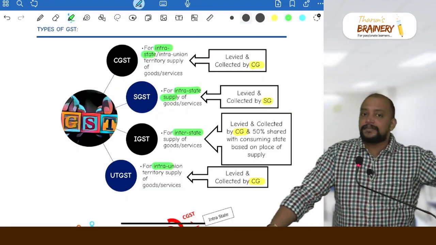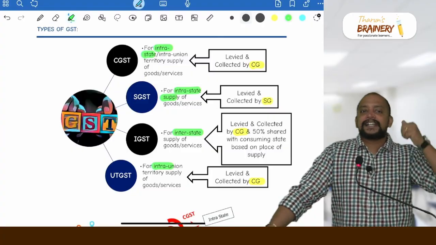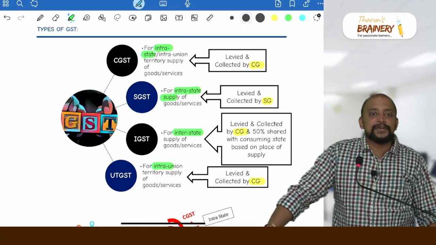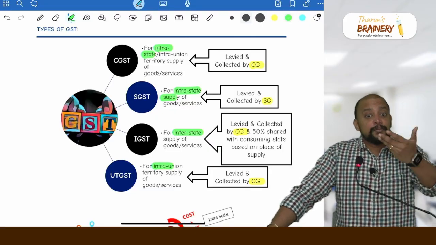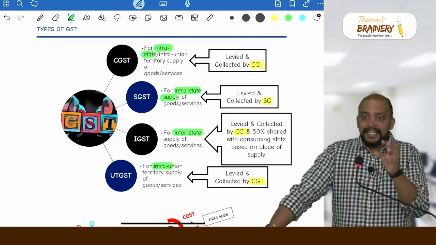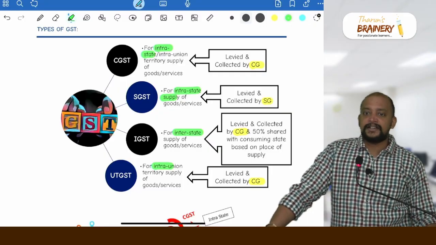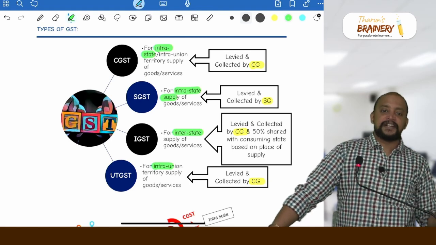What is the meaning of taxable event? One event on happening of which you need to pay GST. What is the taxable event under excise? Manufacture. What is the taxable event under customs duty? Import or export. What is the taxable event in case of service tax? Provision of services. Like that, there will be one event. In income tax, this is called the basis of charge. When there is a transfer of capital asset, then only capital gain will come.